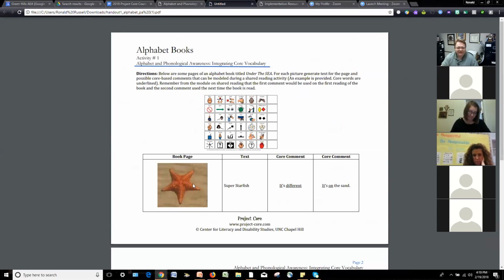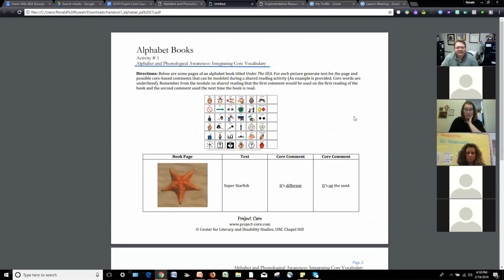So here we have your example filled in. We've got a picture of a starfish, obviously. So potential text, if you were creating this book, or you might find a book that has this, but the text below this picture might be "super starfish," and what could be some core comments?